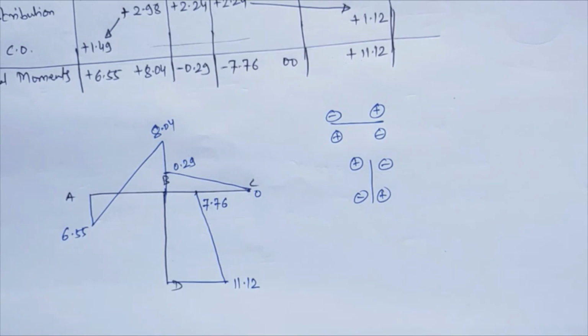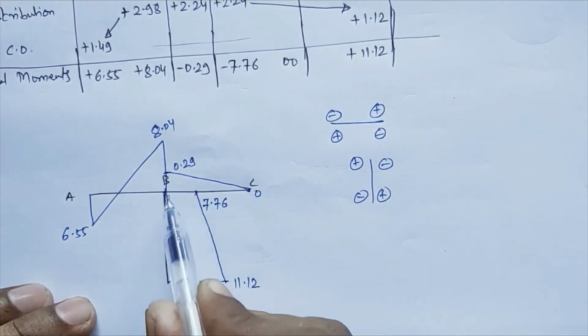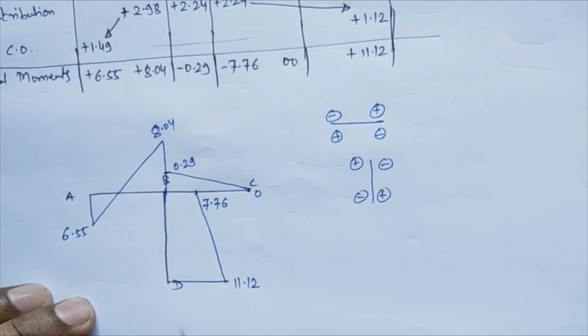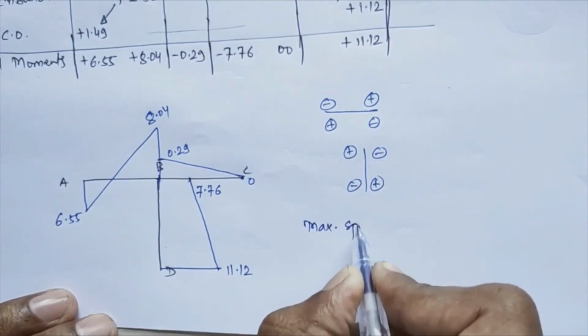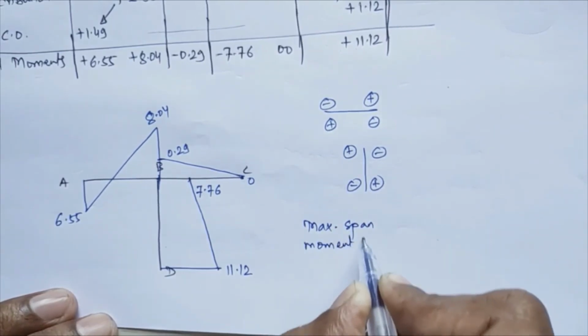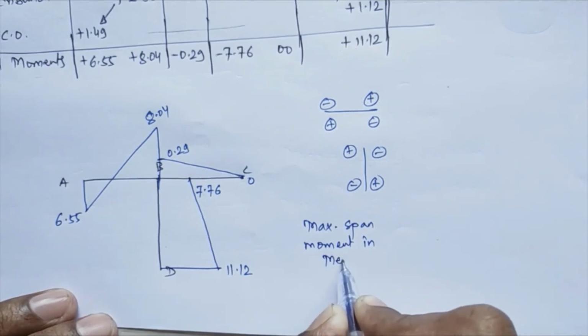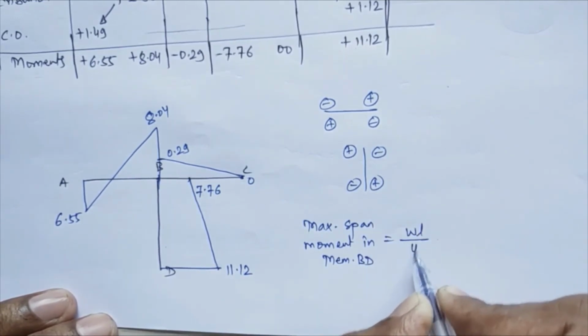On this, the span moment will be superimposed, but only member BD has span loading. So the maximum span moment in member BD is WL by 4.